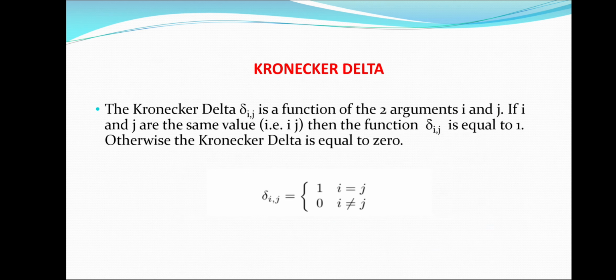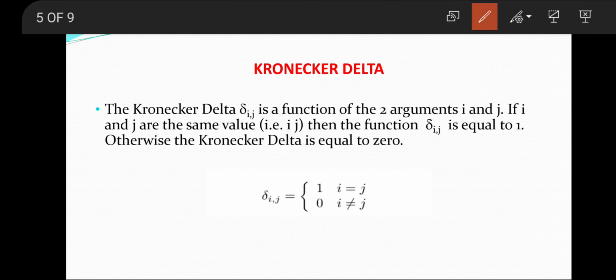The Kronecker delta function, delta ij, is a function of the two arguments i and j. If i and j have the same value, that is i equal to j, then the function delta ij is equal to 1.